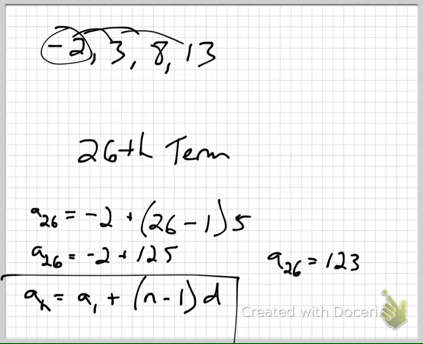The nth term. So if I gave you this same exact situation here, I'll do that again. Negative 2, 3, 8, and 13. And they say, I want you to find for me the nth term. Well, hold on. Nth term. We don't know what number term they want. So we're going to plug in everything we know, and just leave the n alone.